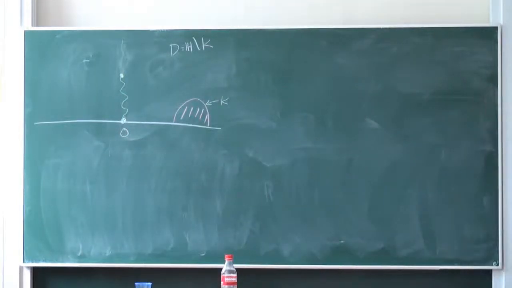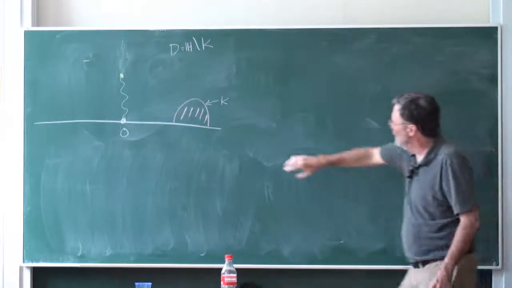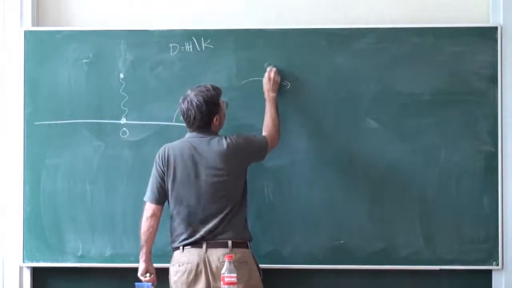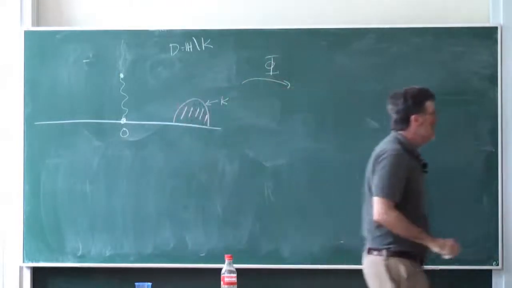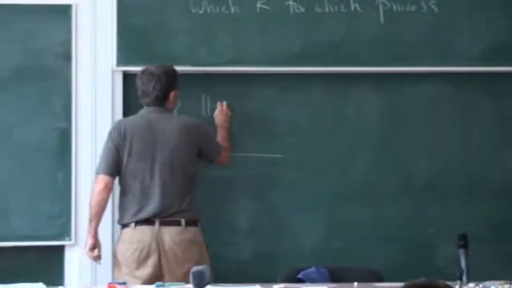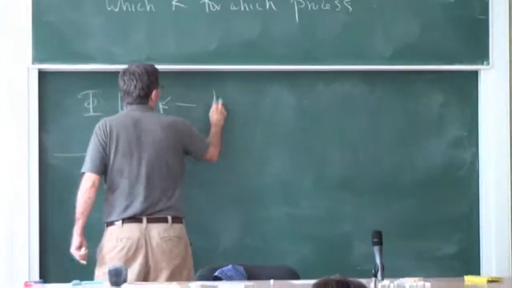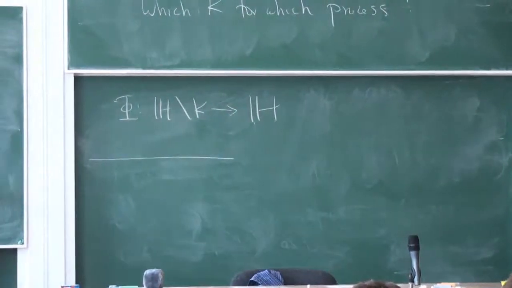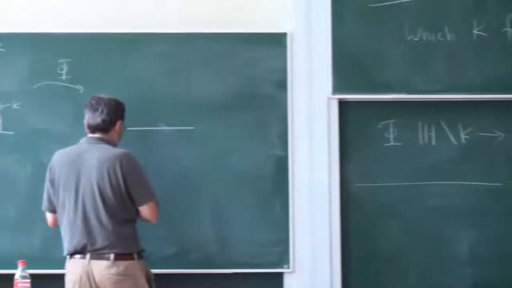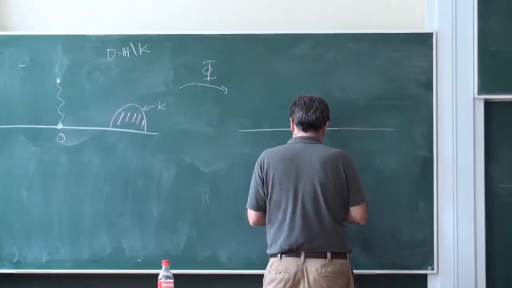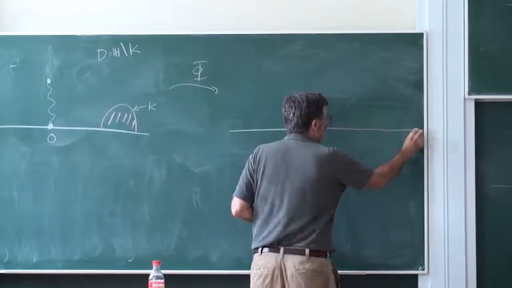Well, first, ignore the SLE curve for a moment. Let's just look at this guy. There's a conformal transformation phi. Phi takes H minus K to H. And it sends infinity to infinity and has derivative 1 at infinity.